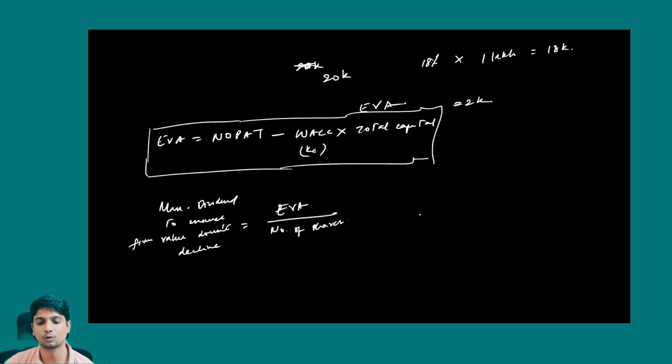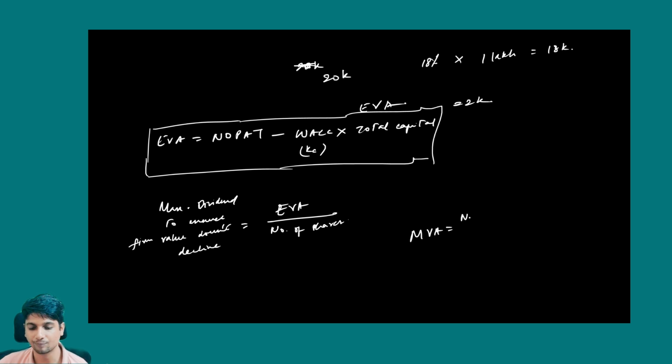There is another concept called market value added. So what is market value added? So you have an equity fund in your books and your market value is greater than that equity fund. So the excess amount that is over and above this equity fund is called market value added.